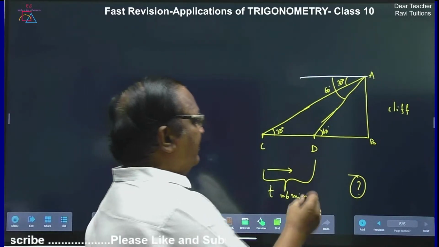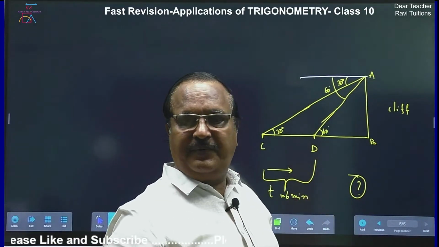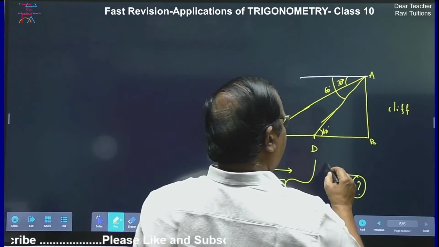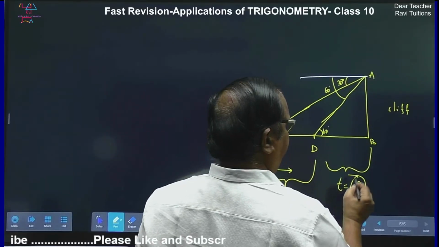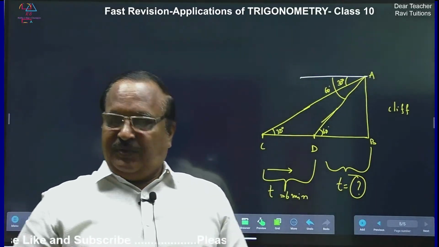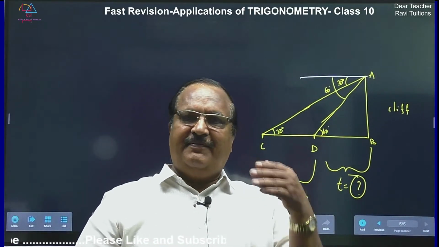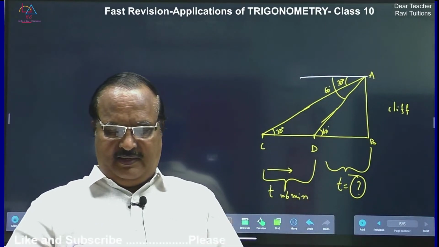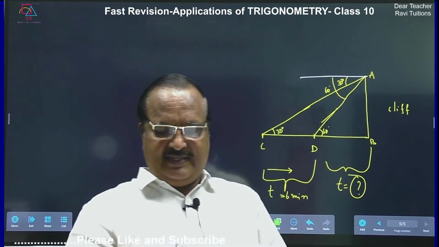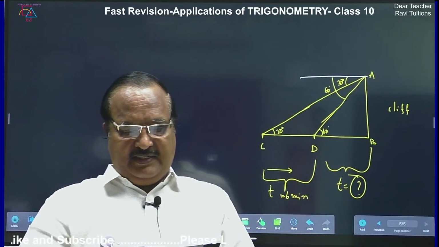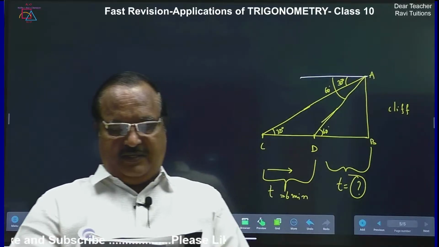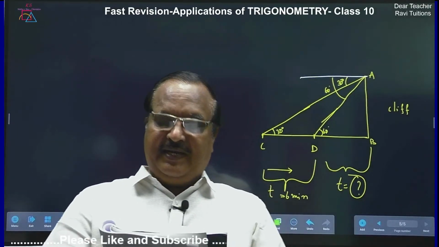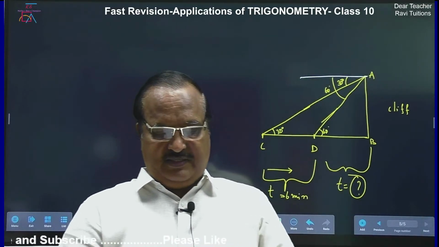Otherwise, from D to B how much time we have to find out, that means this time you have to find out, time t. So for the time definitely you need distance, right, and speed is also needed. Without speed, without time, you cannot find out the distance, right.